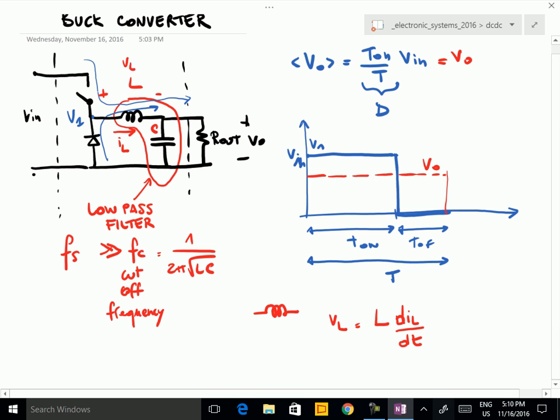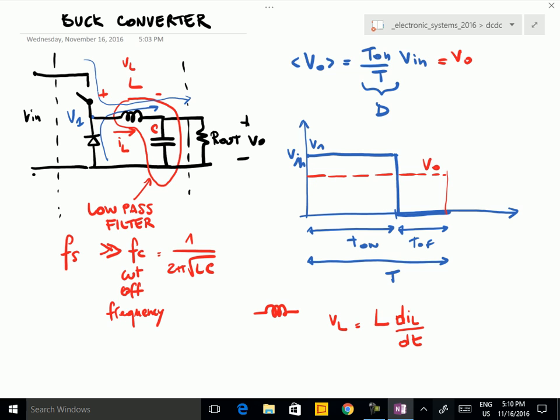So if VL is positive, the derivative of the current with respect to time is positive, which means that the current increases linearly. On the other hand, if VL is negative, the current decreases linearly, because the derivative of the current with respect to time is negative.